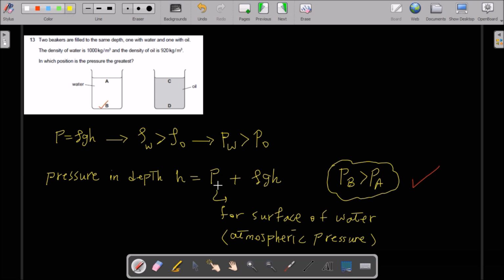So I can write P for atmospheric plus rho GH, because this is for oil and this one for water. So pressure in depth H is equal to atmospheric pressure plus rho GH because of depth of liquid, and that's why pressure at B is more than A. So B is right.